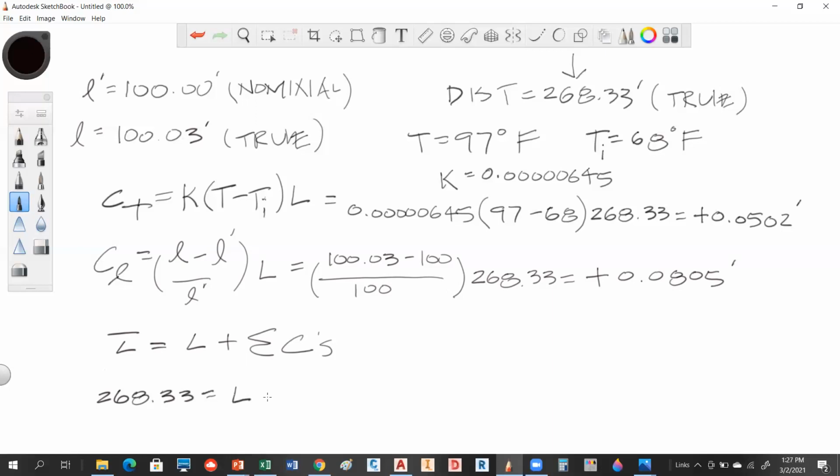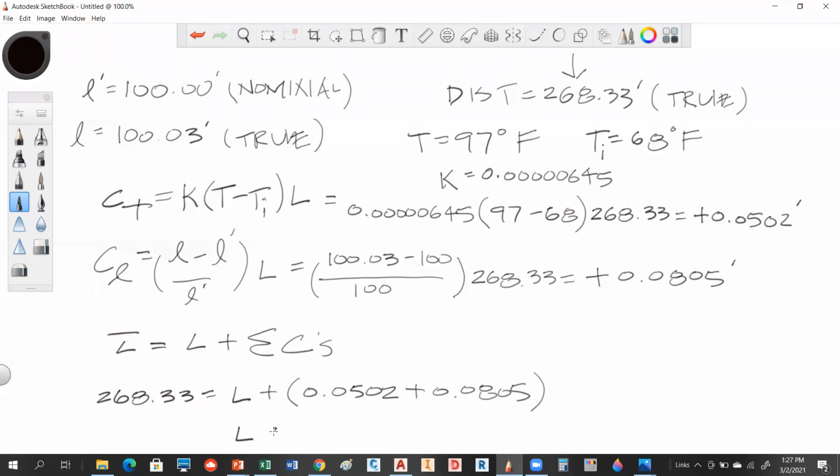I want to know what I need to measure in the field, so that's L, plus the sum of the corrections. So I'm going to have a plus 0.502, whoops, and I'm going to add to that a plus 0.850. So when these guys get added together, you're going to get a number that's going to come over negatively.